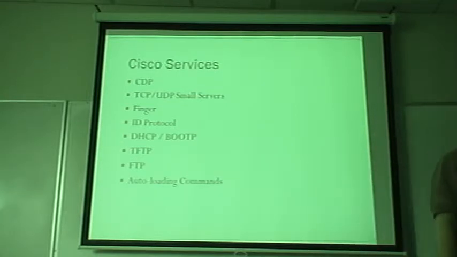Turning off TCP and UDP small servers will disable some features of TCP and UDP that are not needed. Same with the finger service, or boot services. The IDP protocol, which is the predecessor to CDP. DHCP and BOOTP, okay?